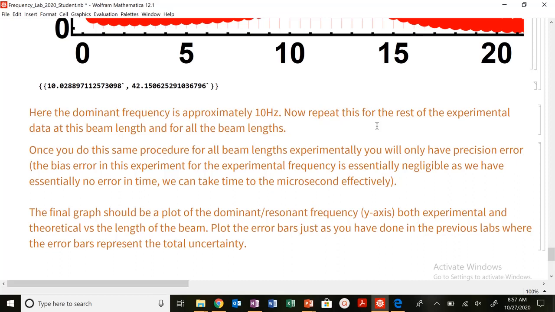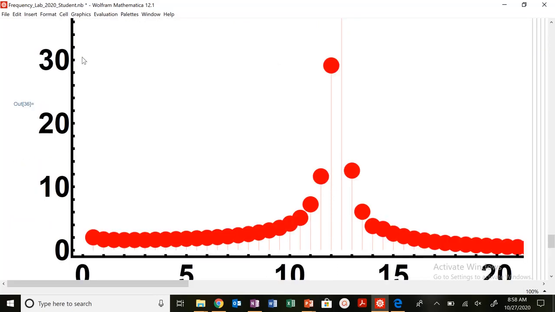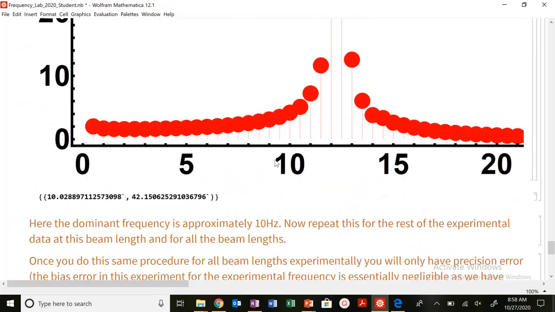What can contribute to bias error in this problem? It's a pretty complex issue. You can think about the resolution of your accelerometer, because that could affect the amplitude of your harmonic coefficients. Also, more importantly, what's the precision error in time?